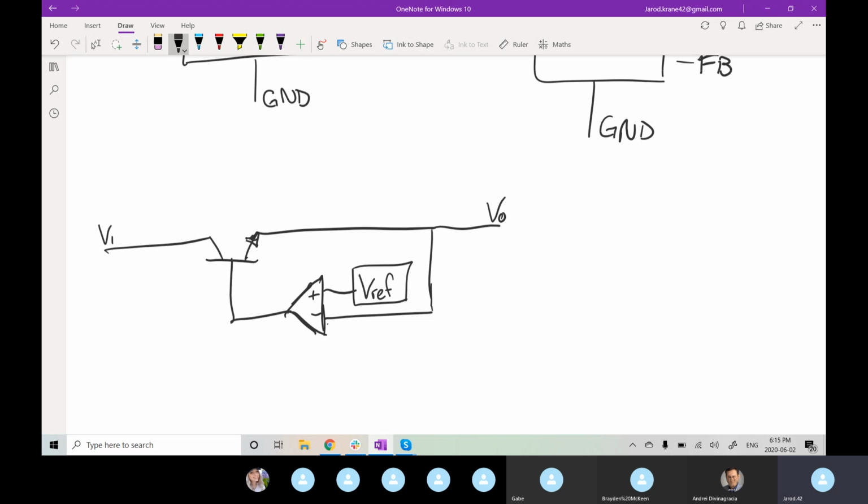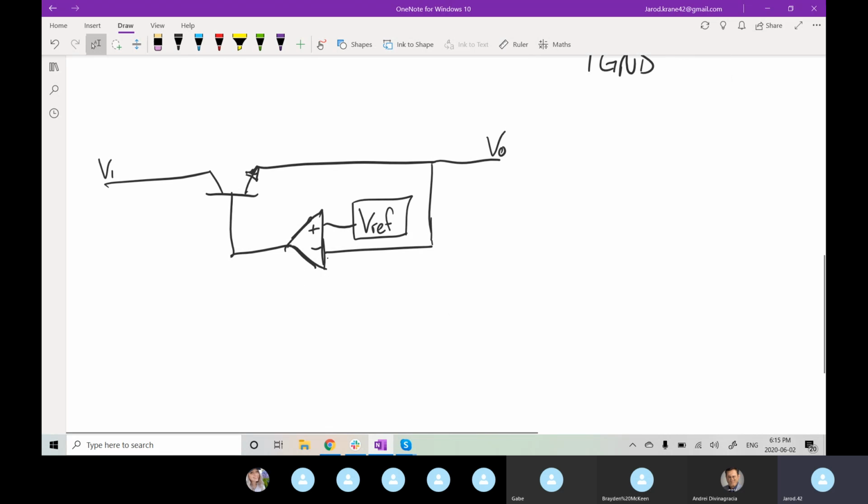This is so that we can take advantage of the negative feedback loop characteristics that op amps have.